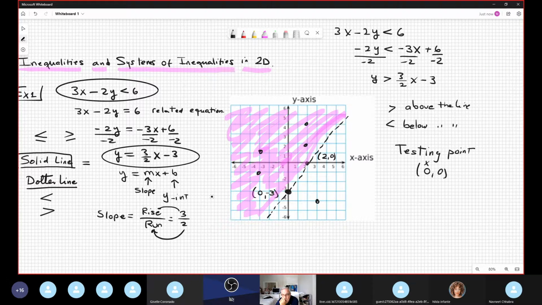This is x equals 0, y equals 0. When you plug it into the original inequality, you should get a true statement. Let me try. 3 times 0, replacing x with 0 and y with 0, minus 2 times 0 is less than 6. This is obvious, 0 less than 6 is a true statement. That means that 0, 0, which is this point, belongs to the solution.